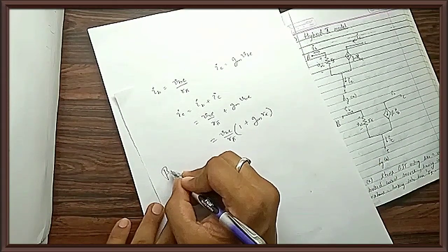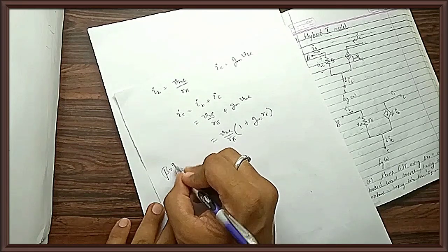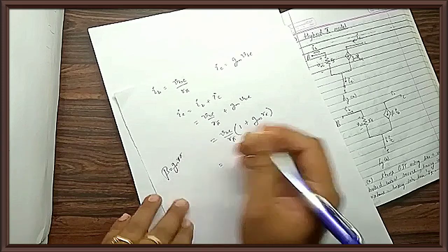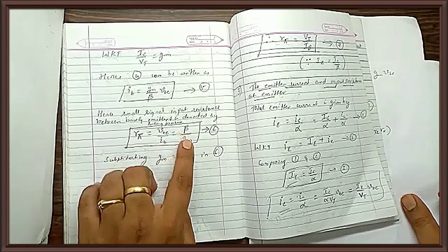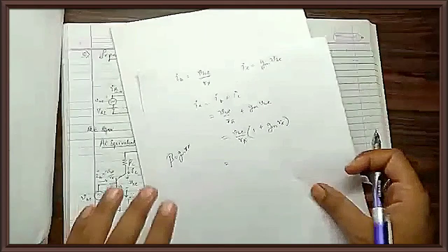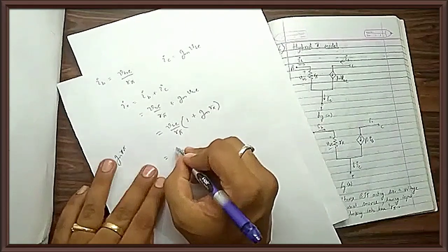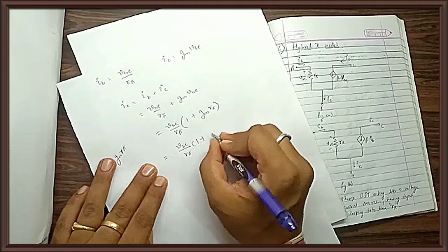As you all know, beta is equal to GM into R pi, which I derived in the last class. Look here, R pi is equal to beta by GM. So this is VB by R pi into 1 plus beta.